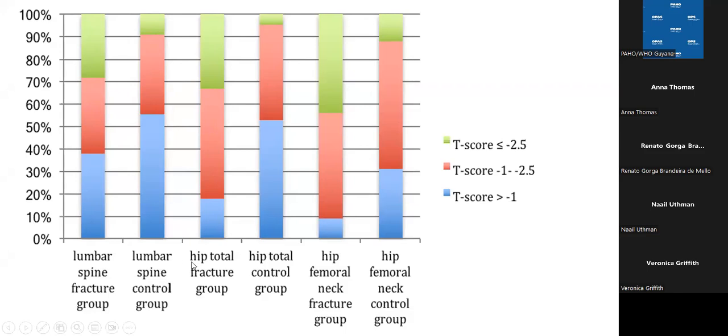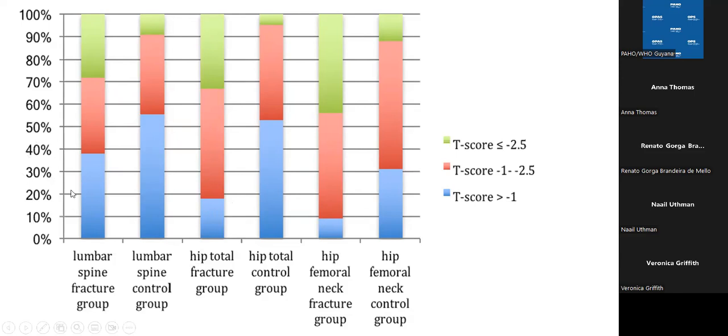In patients with hip total fracture, almost 70% of patients don't have osteoporosis. For lumbar spine fracture, more than 70% of patients don't have osteoporosis.